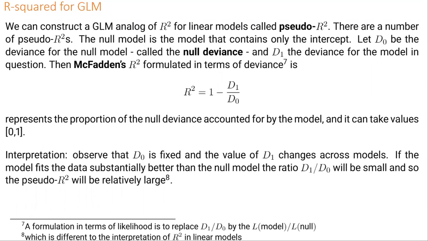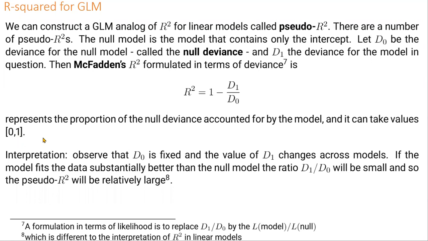One here called McFadden's R squared, formulated in terms of the deviance as, okay, so it's 1 minus the ratio, a fraction of D1, which is the deviance of your proposed model, divided by D0, which is the deviance of the null model. It could be shown that this R squared is bounded, it's between 0 and 1.